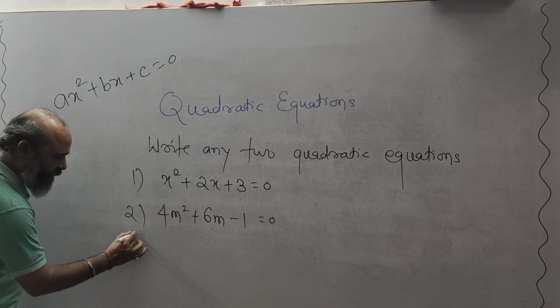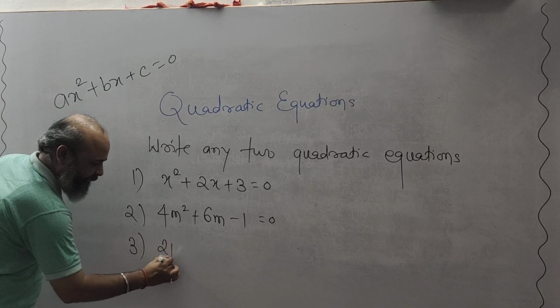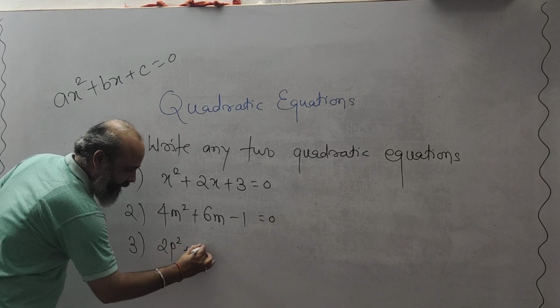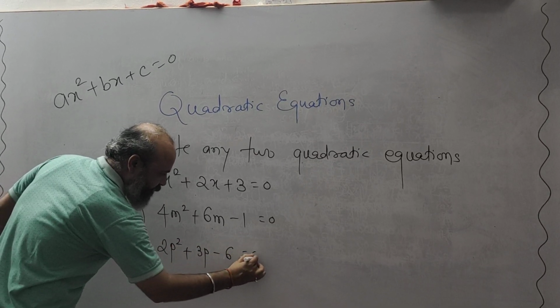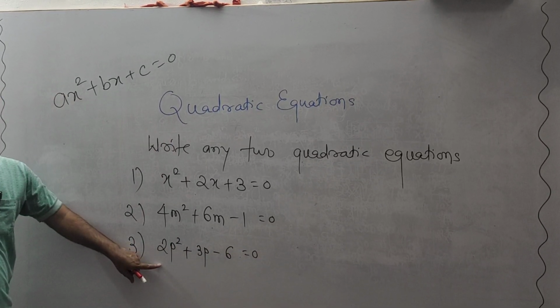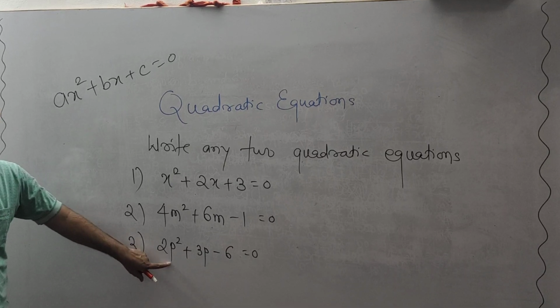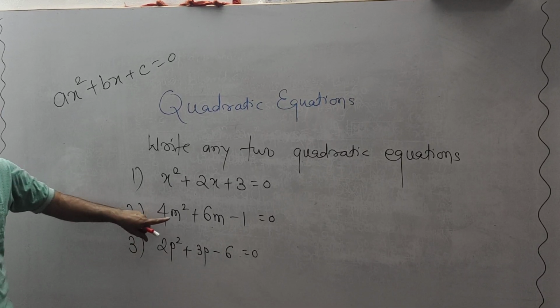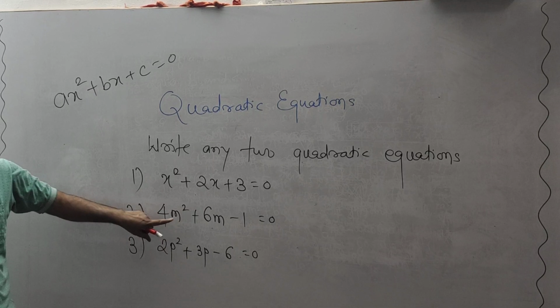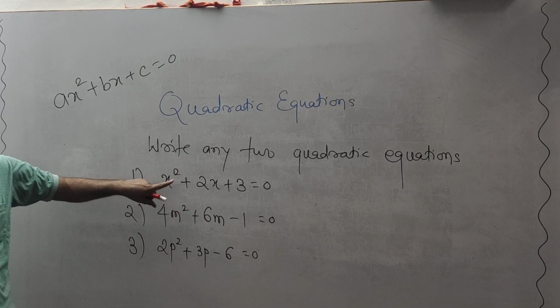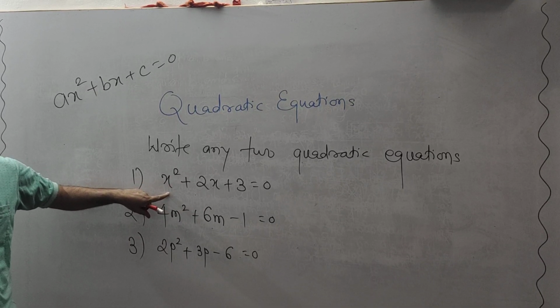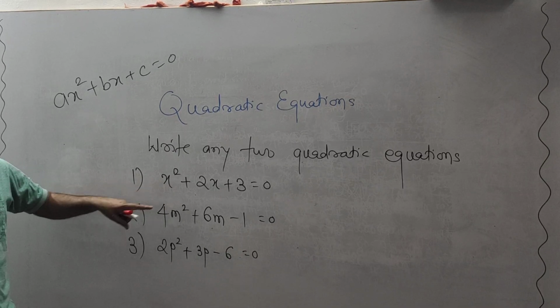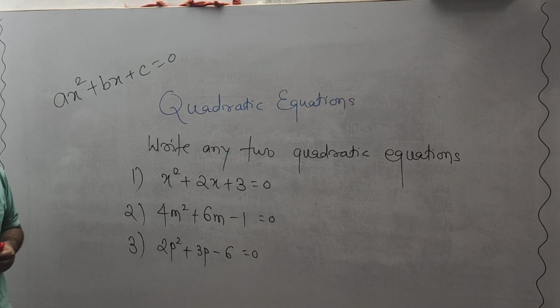You may write more, like 2p² + 3p − 6 = 0. This is again a quadratic equation in variable p, this one is in variable m, and the first is a quadratic equation in variable x. Clear student?